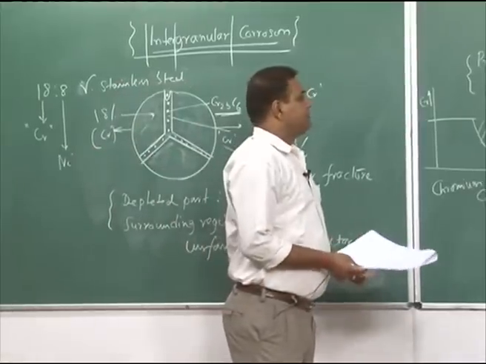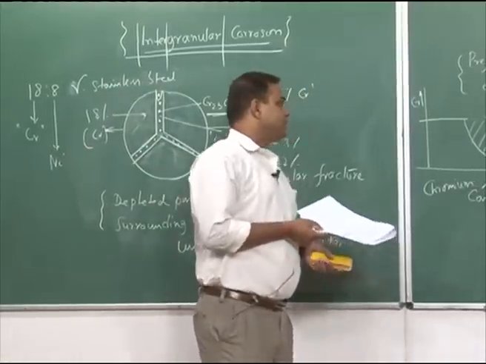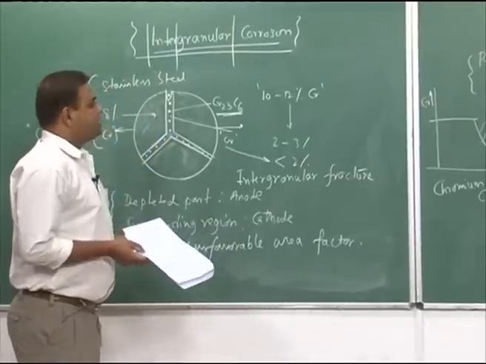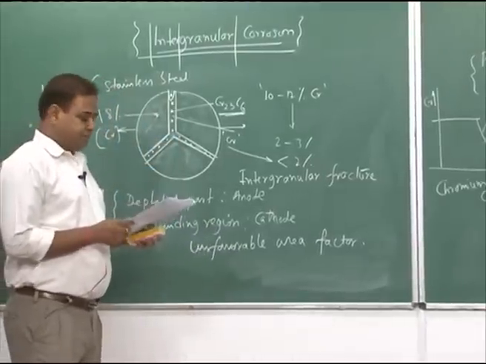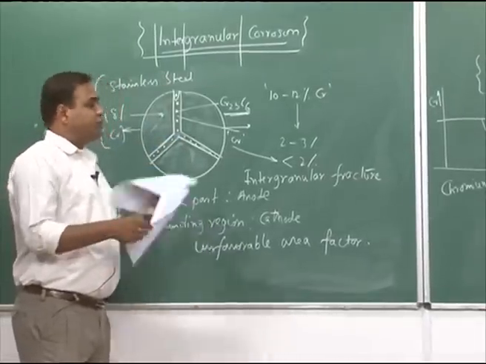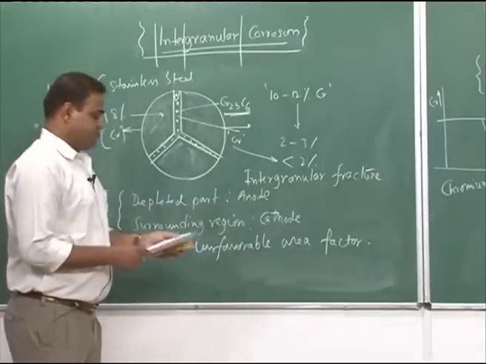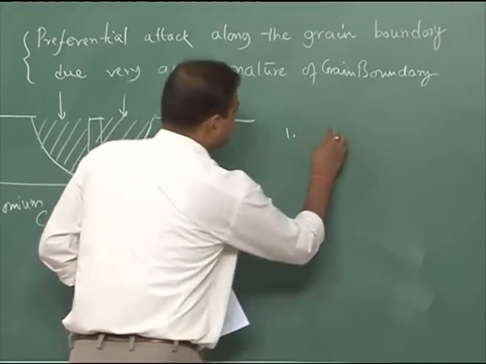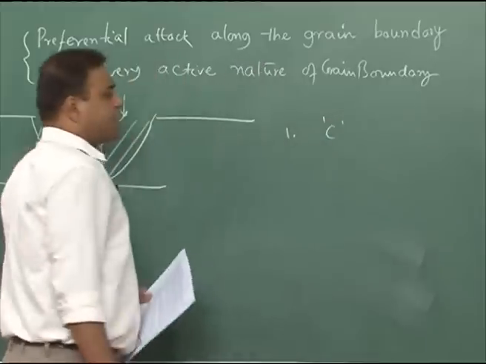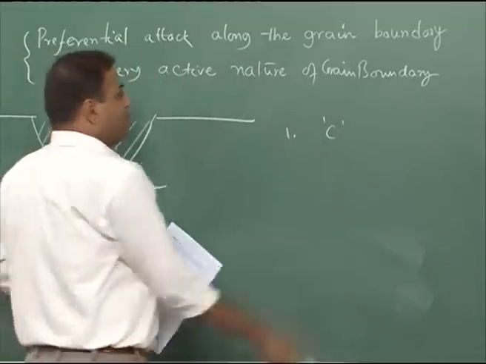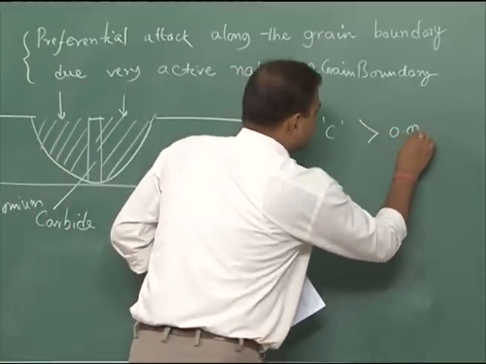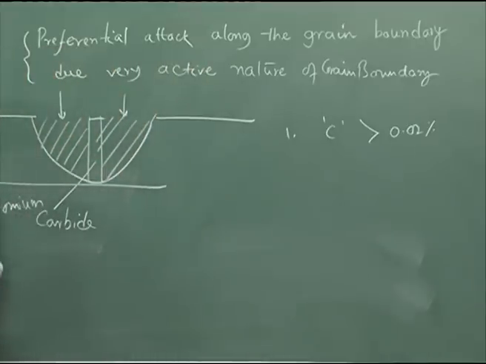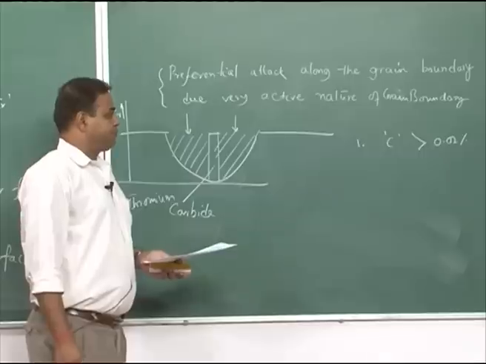Now, when would there be a possibility of chromium carbide formation along the grain boundary in case of 18-8 stainless steel? For that we need to satisfy a few situations. One situation is the carbon content: if the carbon content is more than 0.02%, then chromium carbide precipitation can be possible.